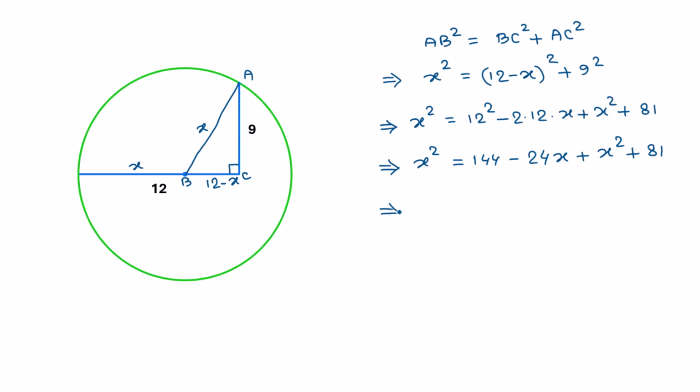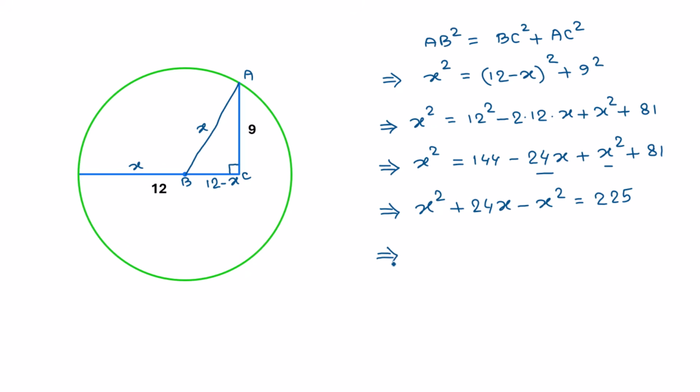Now, taking this 24x and this x square to the left side, we will get x square minus x square, and the negative 24x will be positive 24x, is equal to 144 plus 81, which is 225.